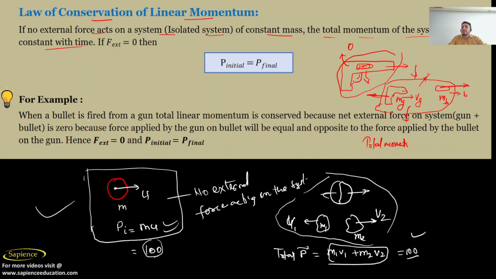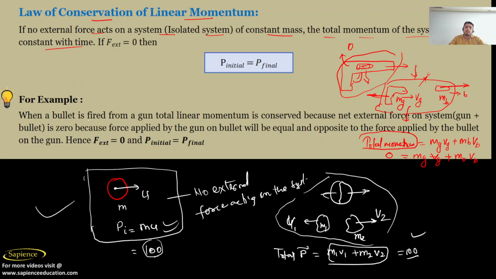Now the total momentum of the system will be mass of gun times velocity of gun, plus mass of bullet times velocity of bullet. As initially the total momentum was zero, finally also the total momentum is equal to zero. That means mass of gun times velocity of gun plus mass of bullet times velocity of bullet is equal to zero.